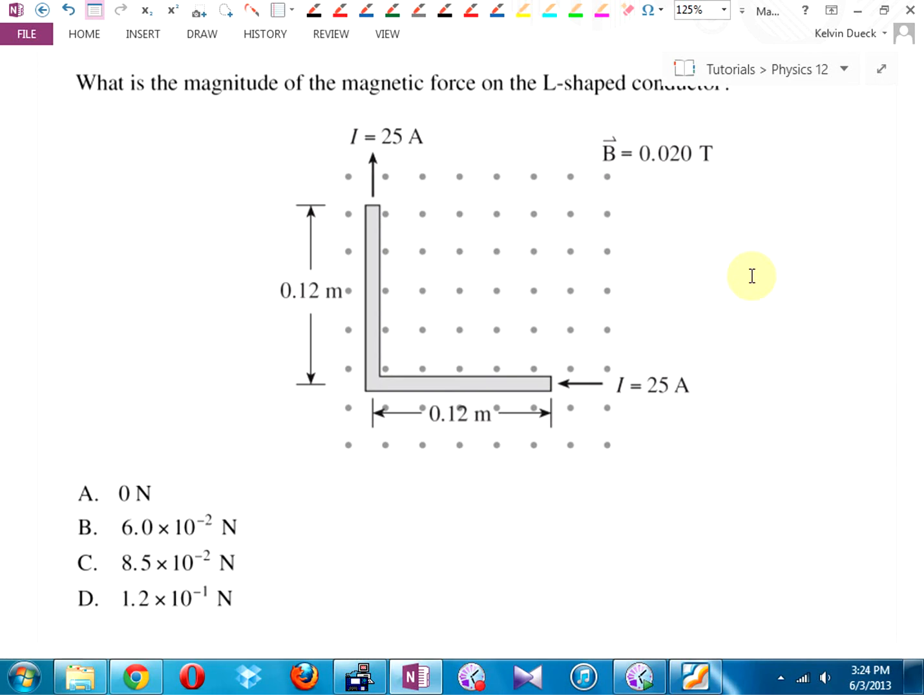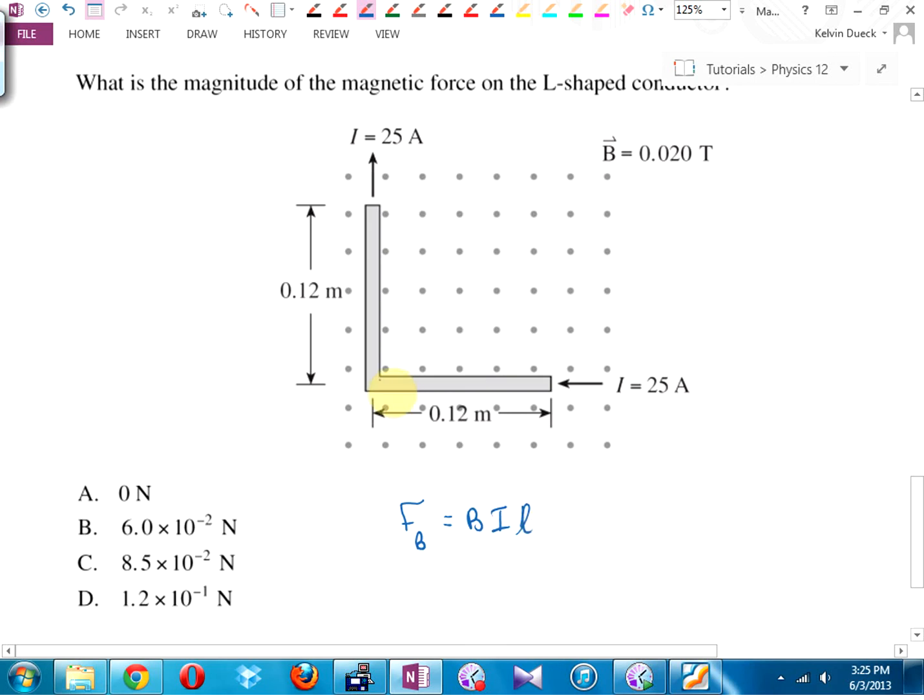What are they asking me to find? Force. I'm thinking of my equations that have force in them. We had QVB, but this is not an individual charge. We had BIL, which was for a wire. You know what? This is a wire. It's an L-shaped wire, but this is a wire. I'm going to use F_B equals BIL.